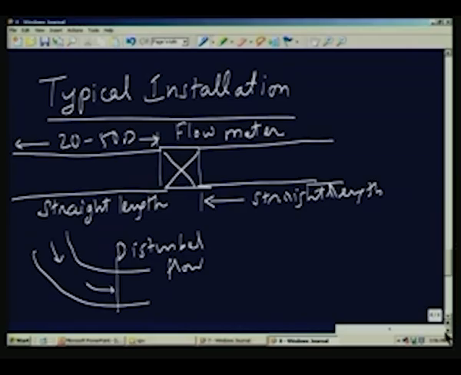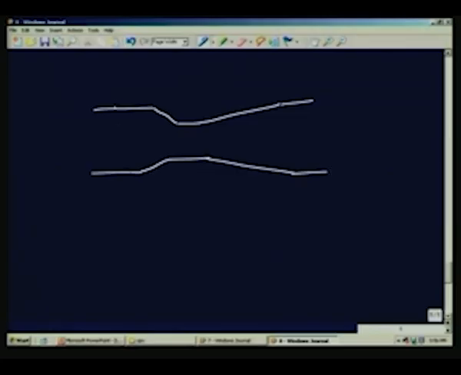The other point I would like to talk about is what is done normally. If you take the Venturi for example, so this is typically the Venturi. You are going to measure the pressure difference between these 2 points. This is delta P what I am going to measure. So, normally what is done is you have several taps on the periphery.